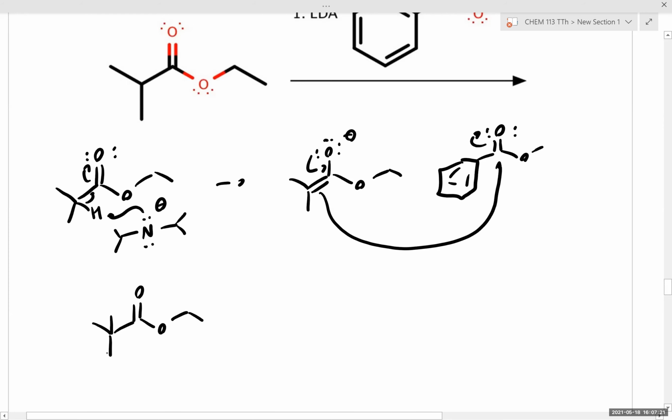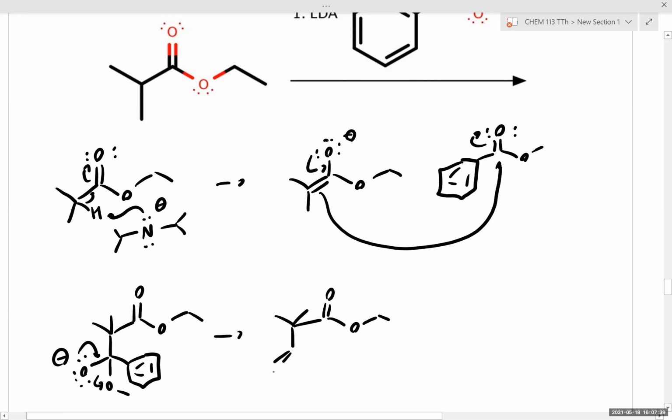However, this is where problems begin, because no matter how hard we try, we can kick out methoxide, sure. But this beta ketoester product lacks an available alpha proton.